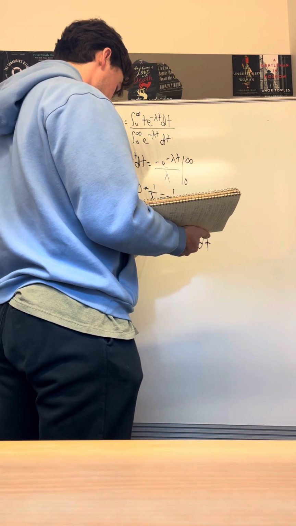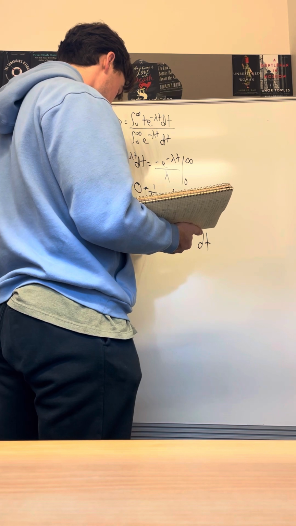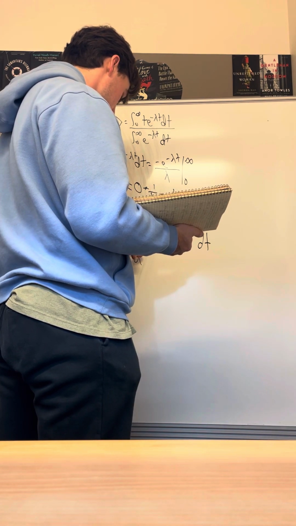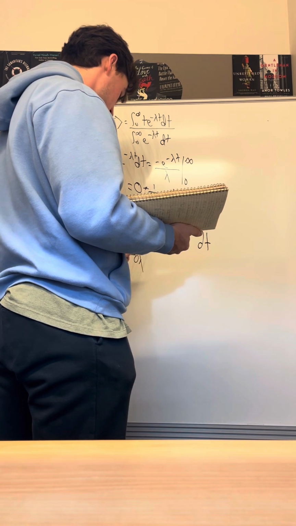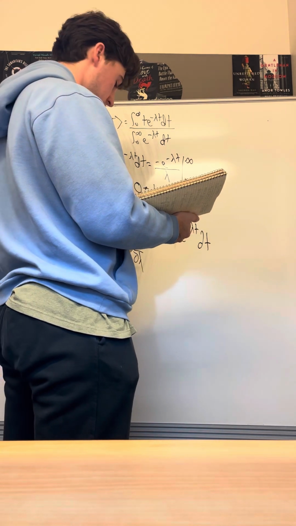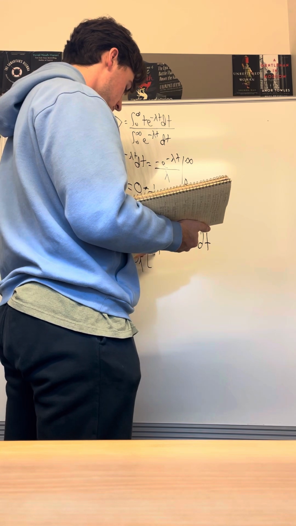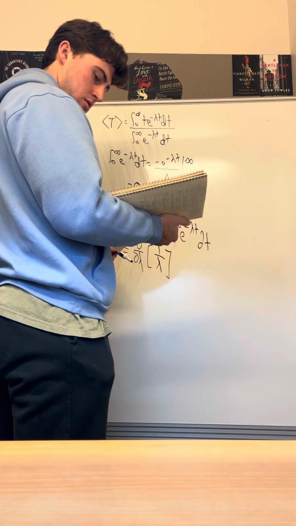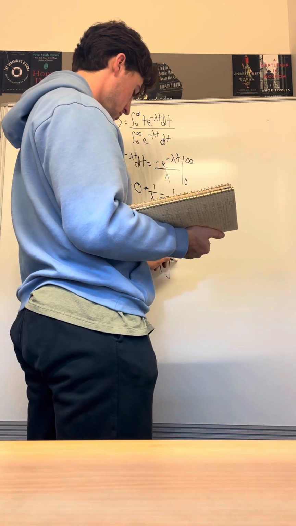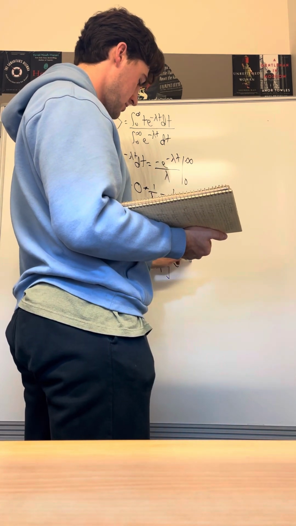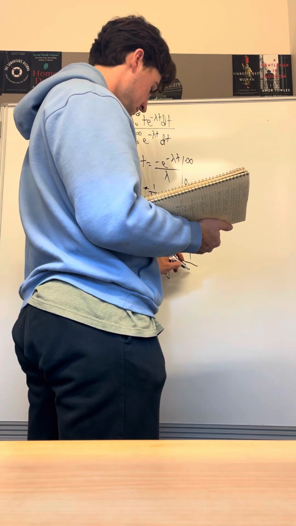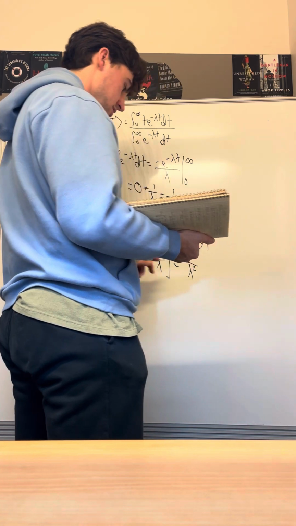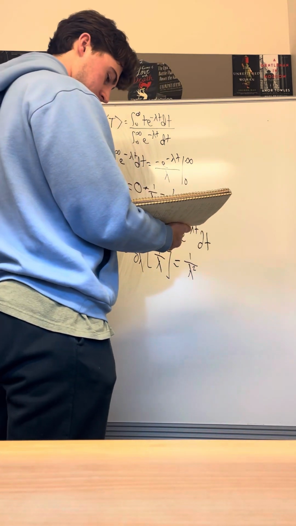So then we're basically just left with, we can do this, and since we already know what that one is, so then the partial derivative in terms of lambda of 1 over lambda is just 1 over lambda squared.